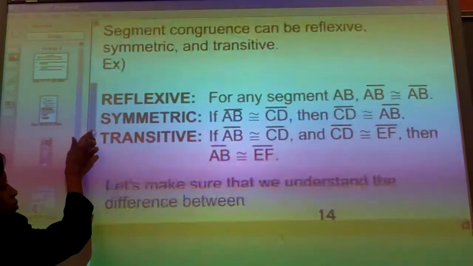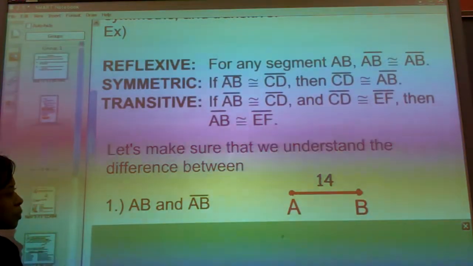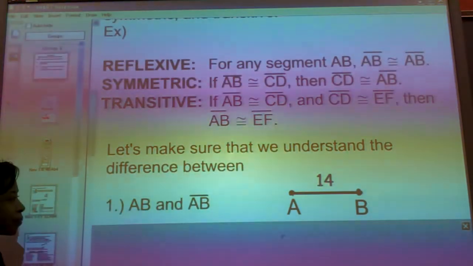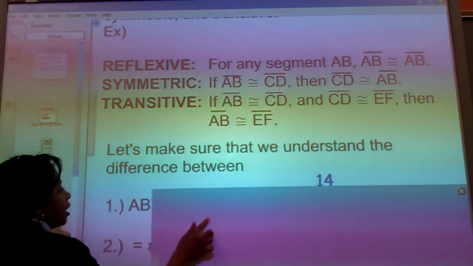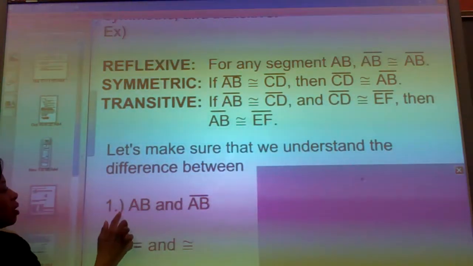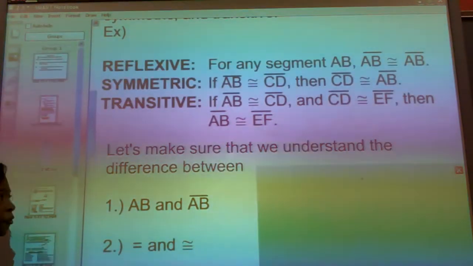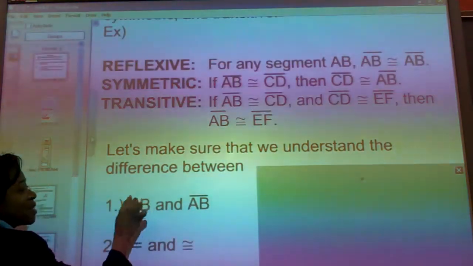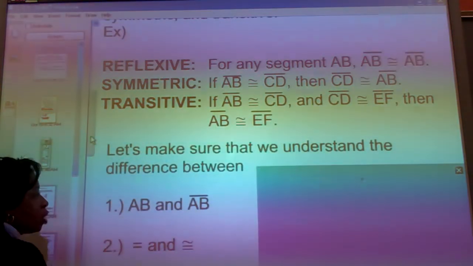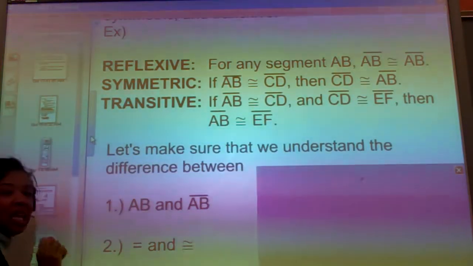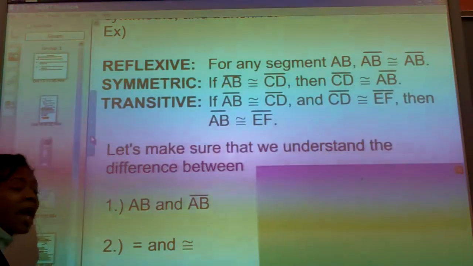Right? Let's make sure we understand the difference between some things. First of all, let's understand AB and AB. There's a difference. One has a hat, one does not. Make sure you know it. First of all, AB, line segment AB without a hat.